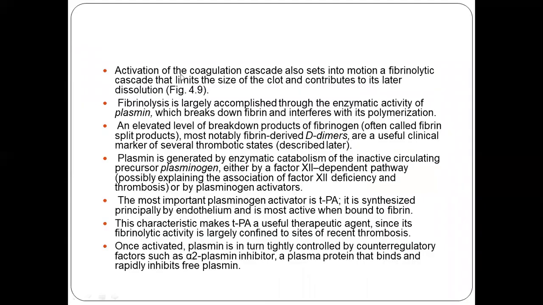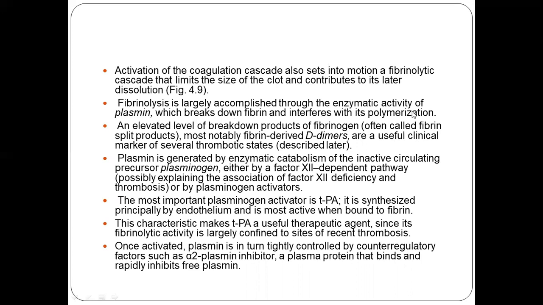Activation of the coagulation cascade also sets into motion a fibrinolytic cascade that limits the size of the clot and contributes to its later dissolution. Fibrinolysis is largely accomplished through the enzymatic activity of plasmin, which breaks down fibrin and interferes with its polymerization.